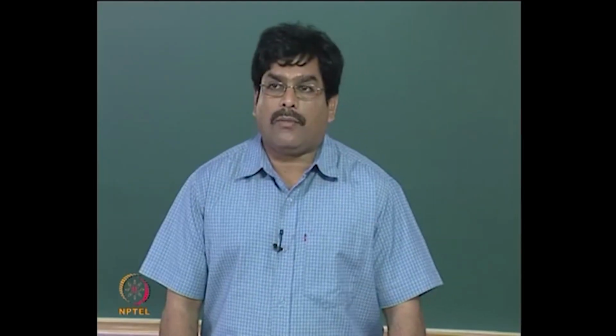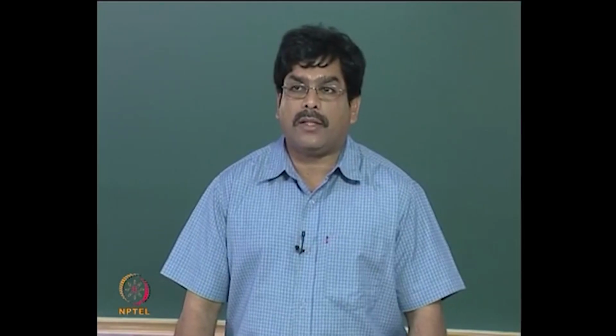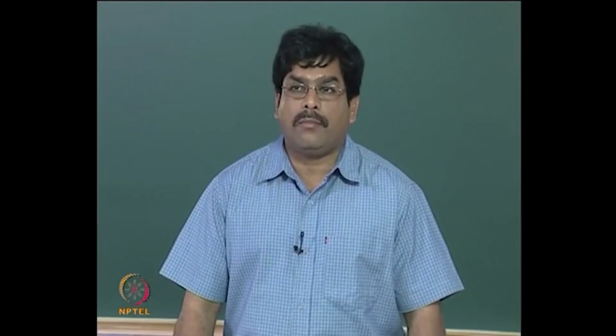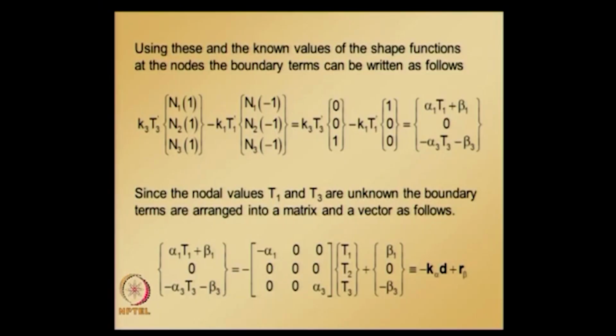So, this vector, alpha 1 times t1 minus beta 1, 0, alpha 3 times t3 minus beta 3, can be written as minus k alpha times d plus r beta.